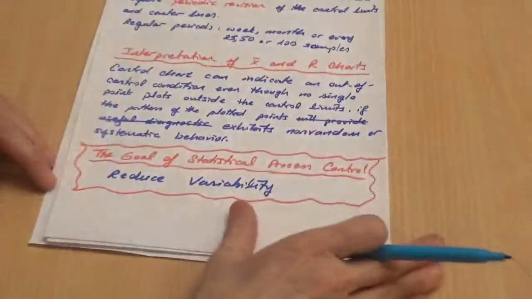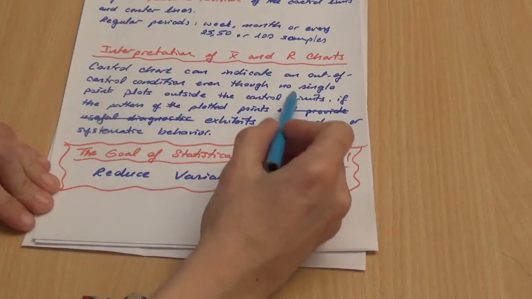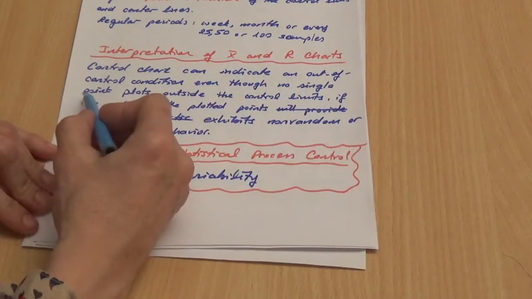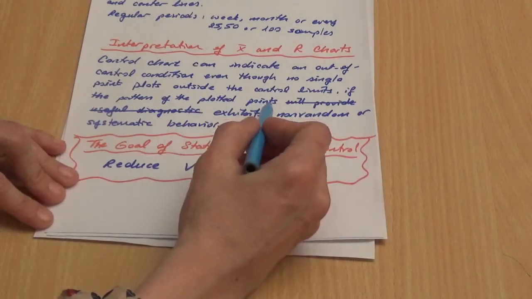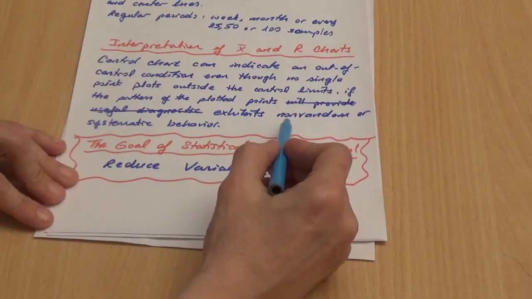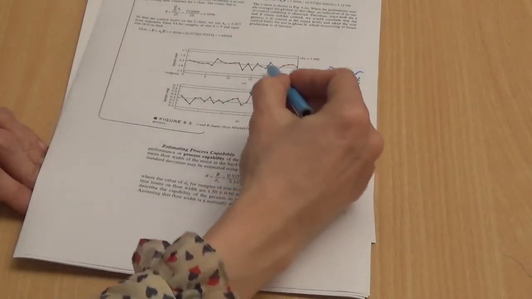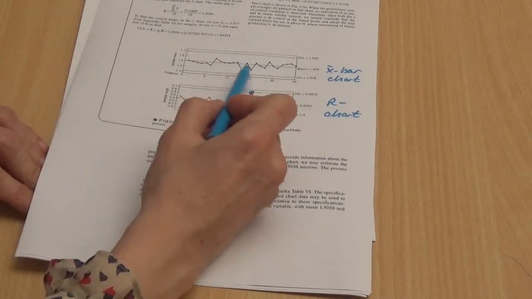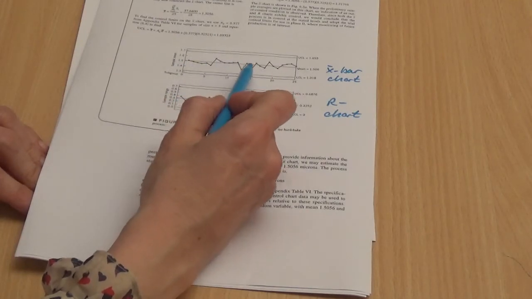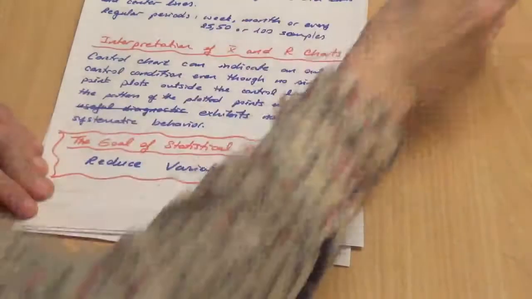This is saying that a chart can indicate out of control even though no single point plots outside the control limits, if the pattern of the plotted points, as I said, exhibits non-random or systematic behavior. So this may show a systematic change in the production, which we wouldn't like to see, because we would like to see a random plot here, randomly, without seeing any system.